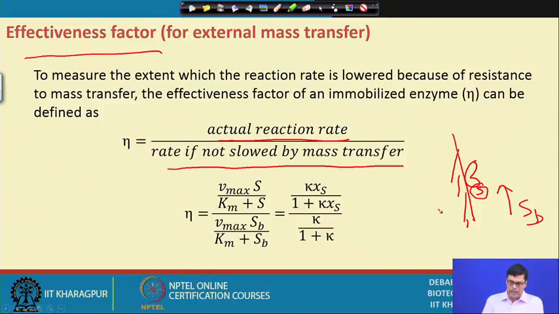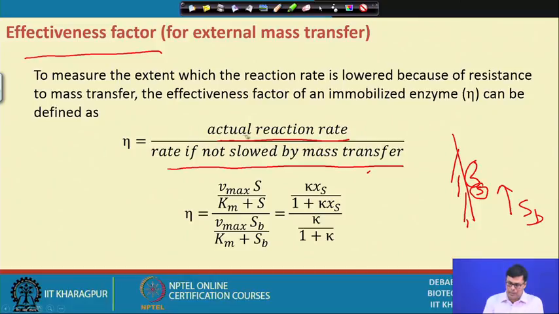Now, the rate divided by the rate if not slowed by mass transfer, that means if all the substrate is available at the surface. That means here S will be equal to Sb. So what is the effectiveness factor?